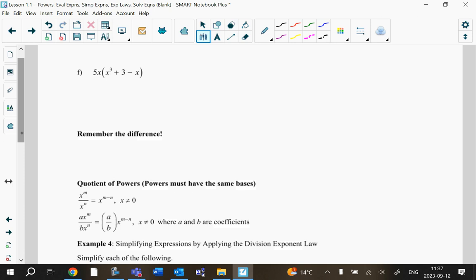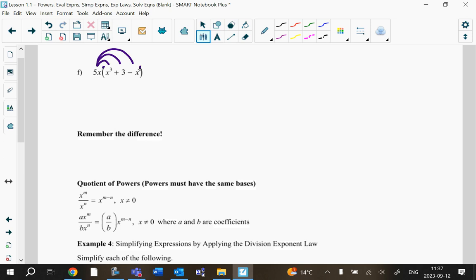Oh, this one. What are you going to do with this one? Can you combine anything inside the parentheses? No. Ella? Exactly. We have to multiply the 5x by everything inside. And remember, every time you see an x, that's the same as x to the 1st when you use your exponent laws.